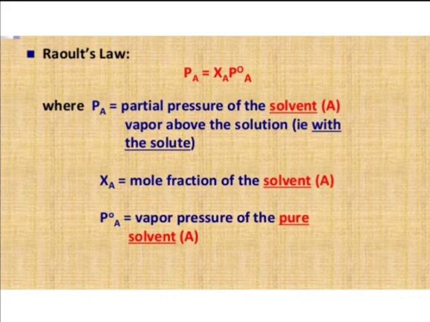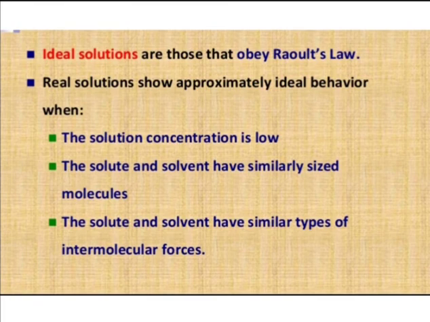P standard A is the vapor pressure of the pure solvent. So everything is for the solvent, that's why A is written here. PA is equal to XA into P standard A. So XA is the mole fraction of the solvent. Now all ideal solutions obey Raoult's law, and real solutions show approximately ideal behavior.